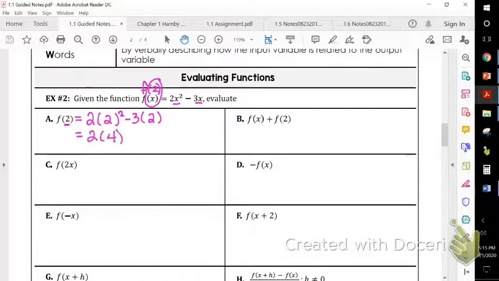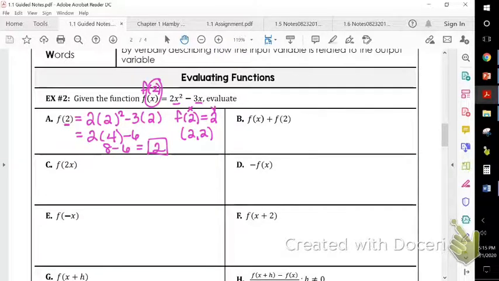If you have your calculator, you can just throw it in there. If not, work it out. And we got 2, which means that f of 2 is equal to 2, and remember, this is x and this is y, therefore we have the ordered pair 2, 2 on our graph if we graphed it.